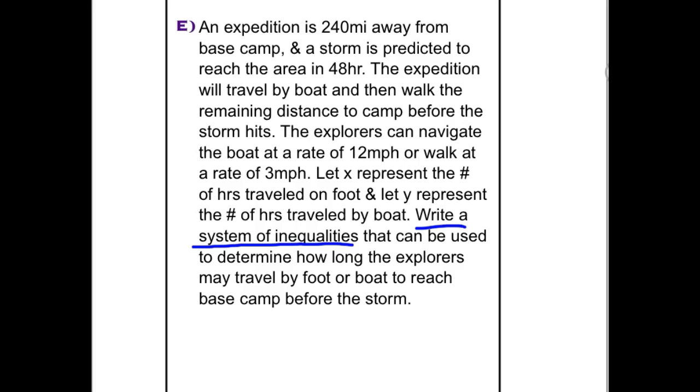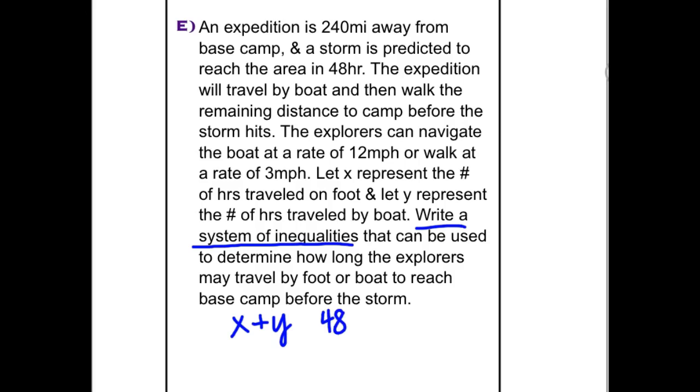So if you think about it, X and Y both represent number of hours. Hours plus hours have to be equal to hours. So that means if I take X, which is my number of hours traveled on foot, plus the number of hours traveled by boat, it has to come out to 48.